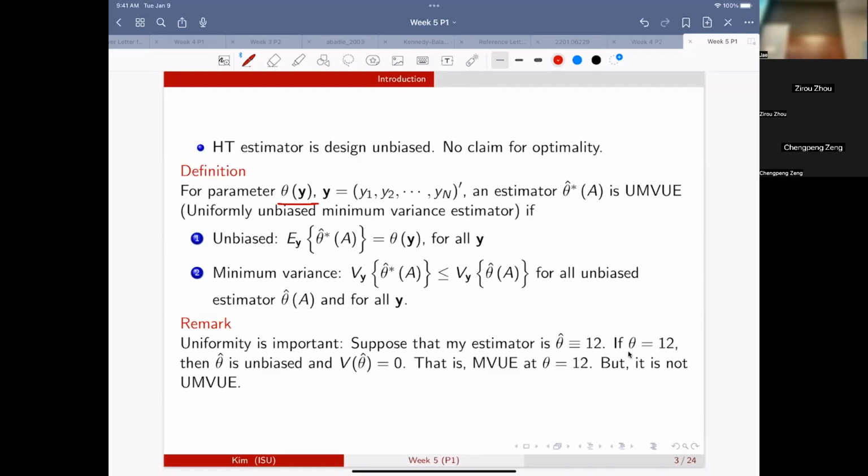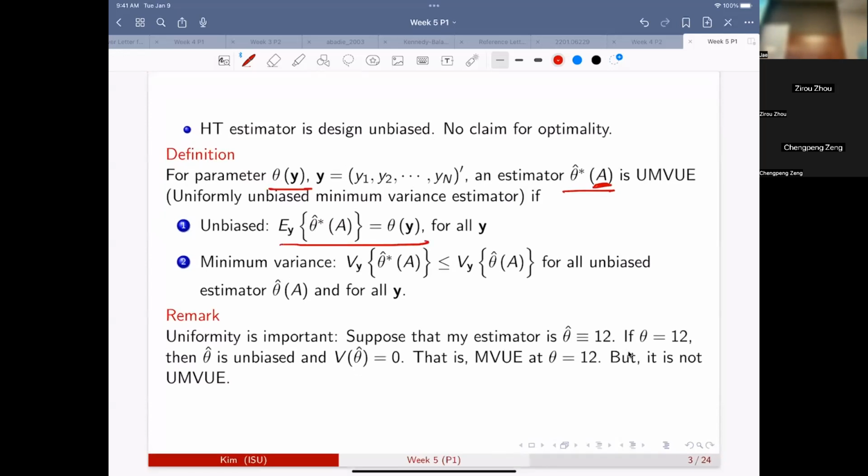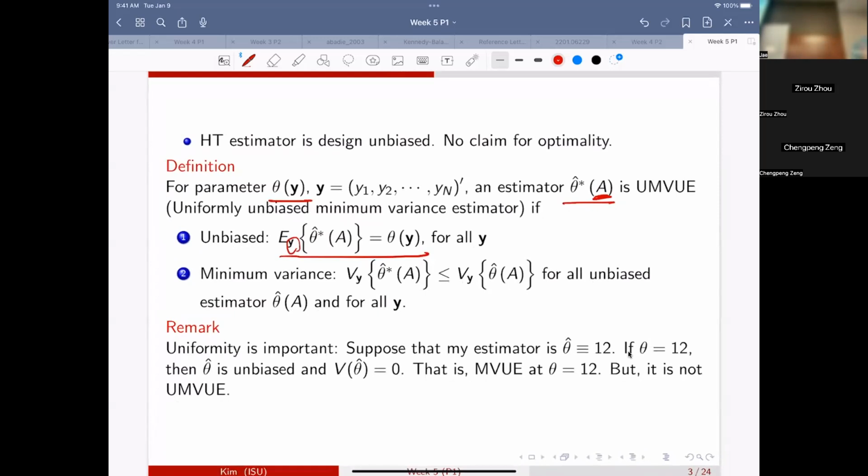so this is the definition, right? An estimator, which is a function of the y's in the sample A, can be called UMVUE if it satisfies two conditions. First, it should be unbiased. That means the expectation of the estimator under the sampling design equals the parameter. The notation here means it's not about the distribution of y.